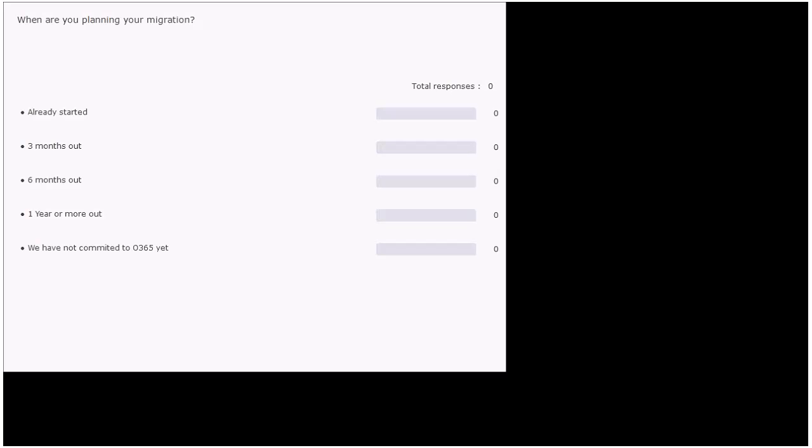All right, and second one, when are you planning the migration? When are you planning to do this? Have you already started? Are you 3 or 6 months out, more than a year out, or haven't fully committed to it as a platform yet, and are still looking for some convincing?